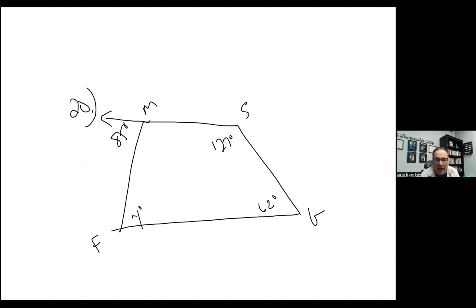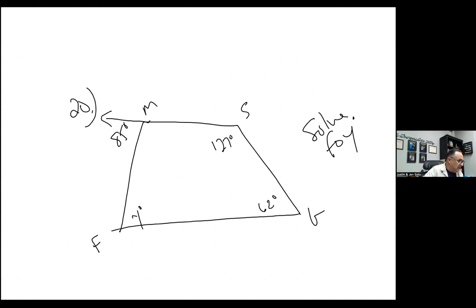Okay, this is number 20. So you get a head start on that. You can draw it yourself, write it out. We want to solve for Y. This is 85 degrees, 127 degrees.